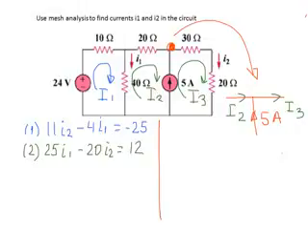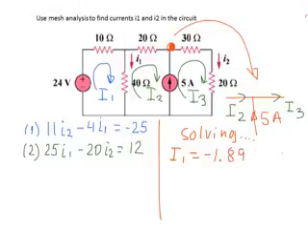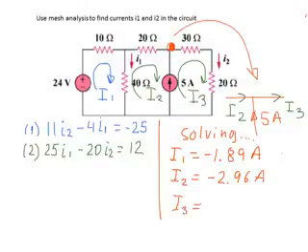Solving these equations, we can get the mesh currents I1, I2, and I3. As the result of the solution, I1 is equal to negative 1.89 amps, I2 is negative 2.96, and the mesh current I3 equals positive 2.041 amps.